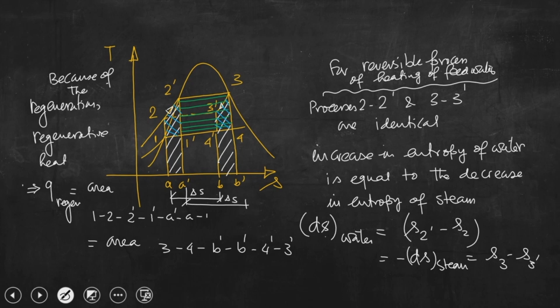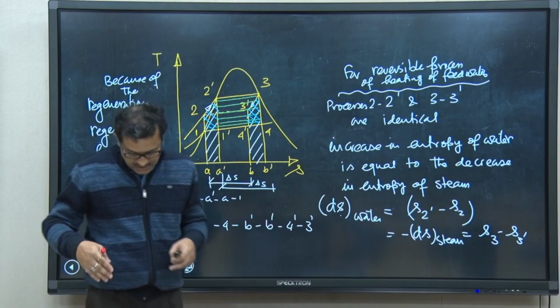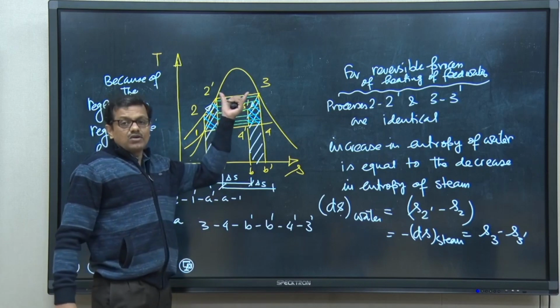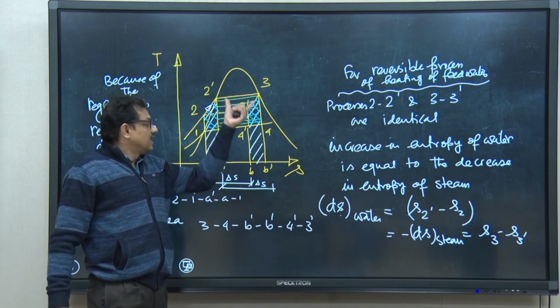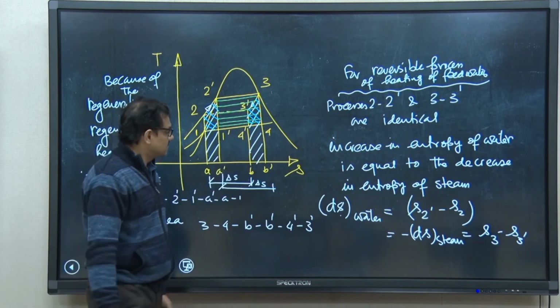So, what is the conclusion? It is because of this ideal regenerative cycle, heat is added at a constant temperature and heat is rejected at constant temperature. So, what is QH?